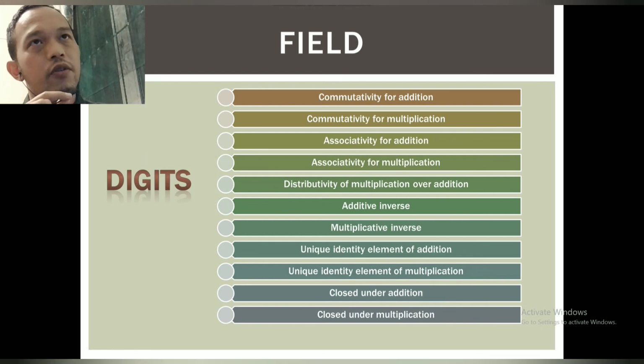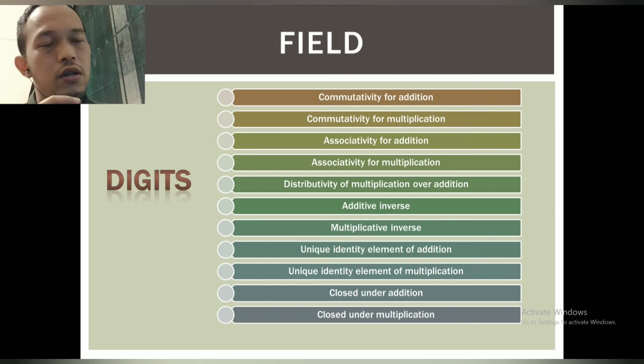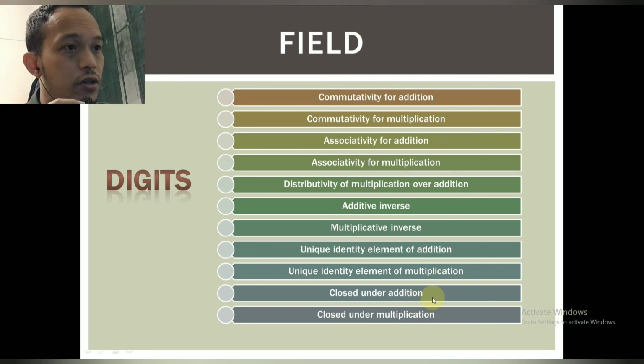If I pick 2 plus 3, yes, it equals 5, another digit. But you have to check all possibilities. Will the sum consistently be a digit? No. If I pick the digit 8 plus 9, the sum will be 17. It's not a digit. Therefore, it violates closure under addition.